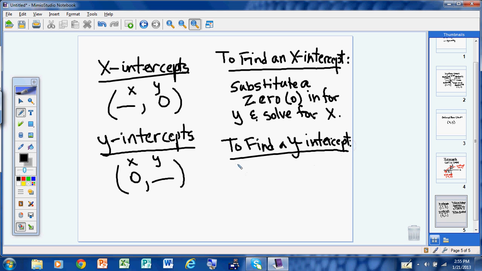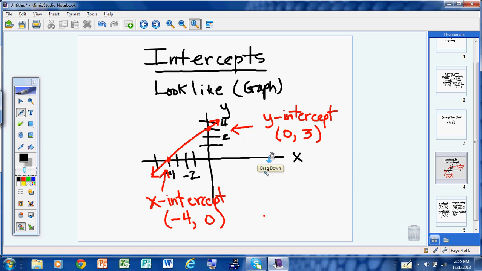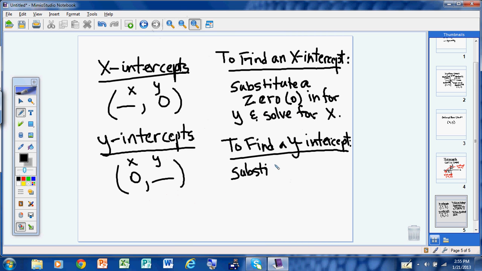Well, we would substitute a 0 this time in for x and solve for y.